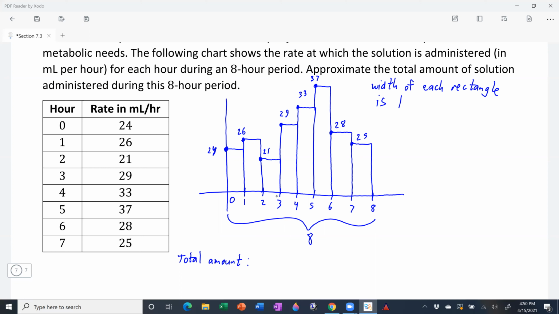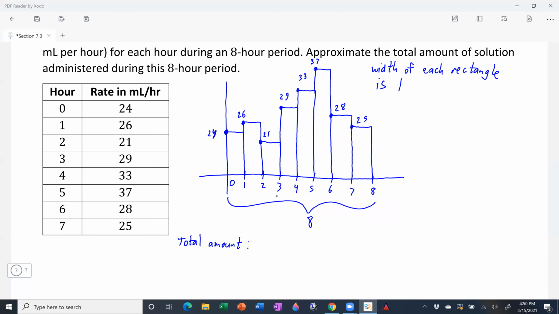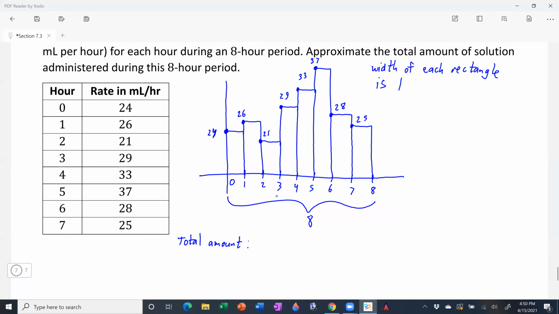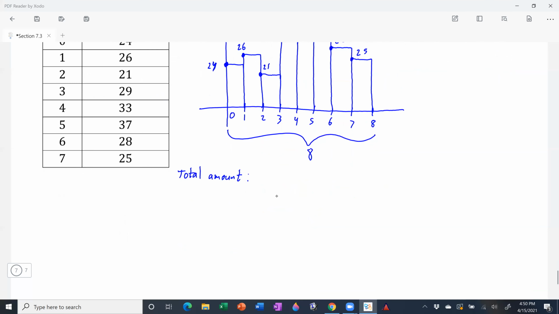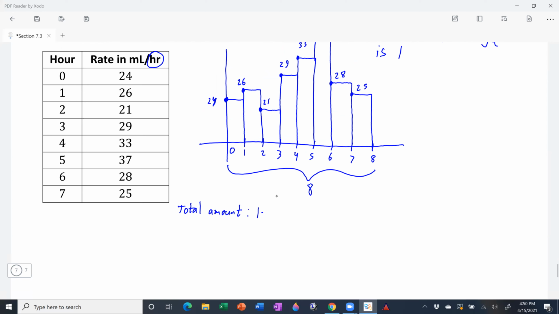It could be different. It could be given to us as every half hour or quarter hour or something like that. But the width is just 1. And it's also important, this was in milliliters per hour. So all of our units are lining up with each other, so no tricks are involved. So the total amount is just going to be length times width on all of these. So I'm just going to write it as 1 times, and then it's left endpoints.